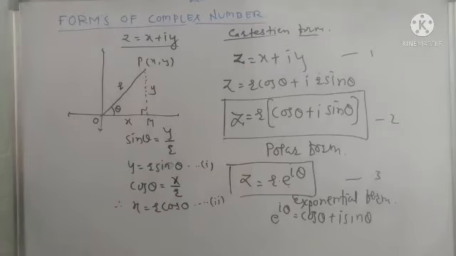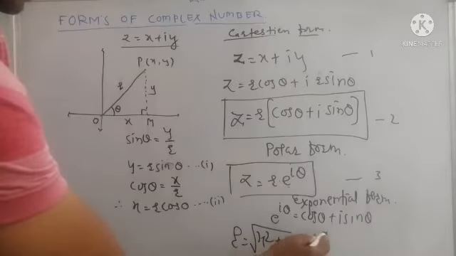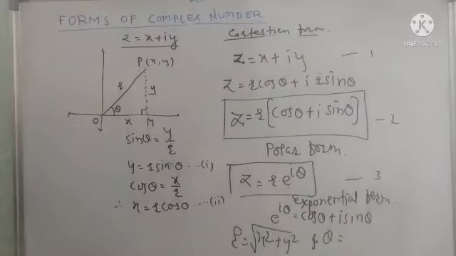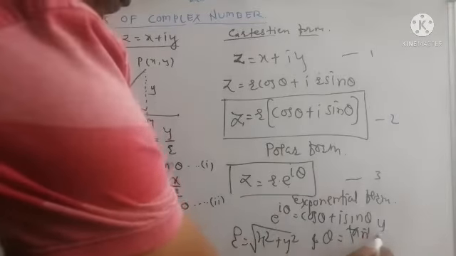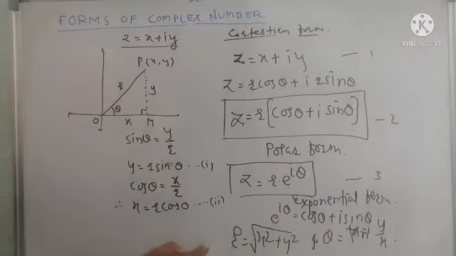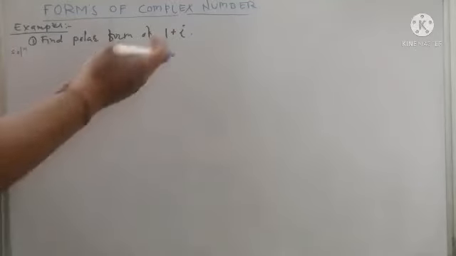If z is equal to x plus iy is a given complex number, then its polar form will be z is equal to r into bracket cos theta plus i sin theta, and its exponential form will be z is equal to r into e raised to i theta, where r is the modulus which is equal to under root of x square plus y square, and theta is the argument which is equal to tan inverse of y by x in polar form of 1 plus i.